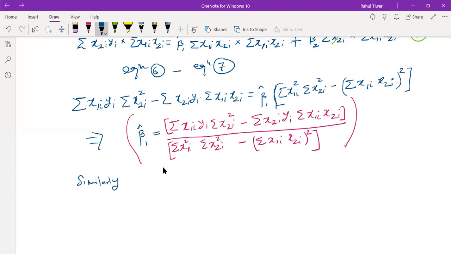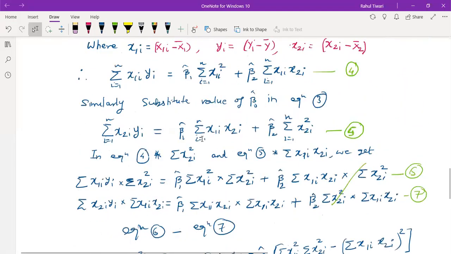So equation number 4, multiply by summation x1i x2i, and equation number 5 by summation x1i square.